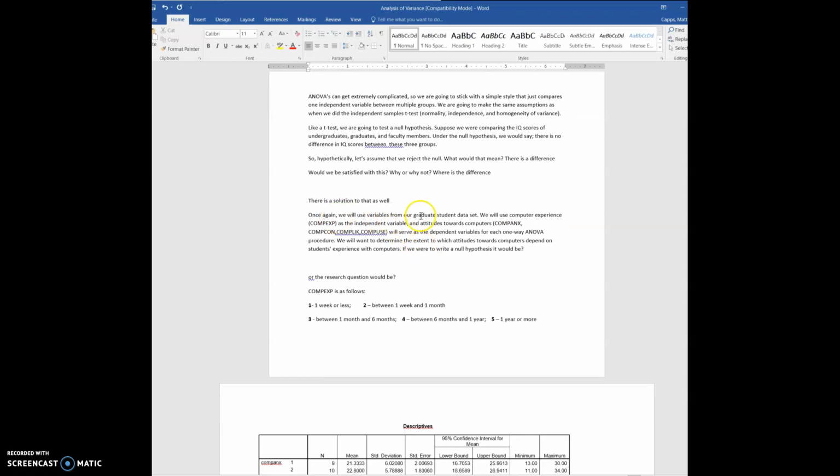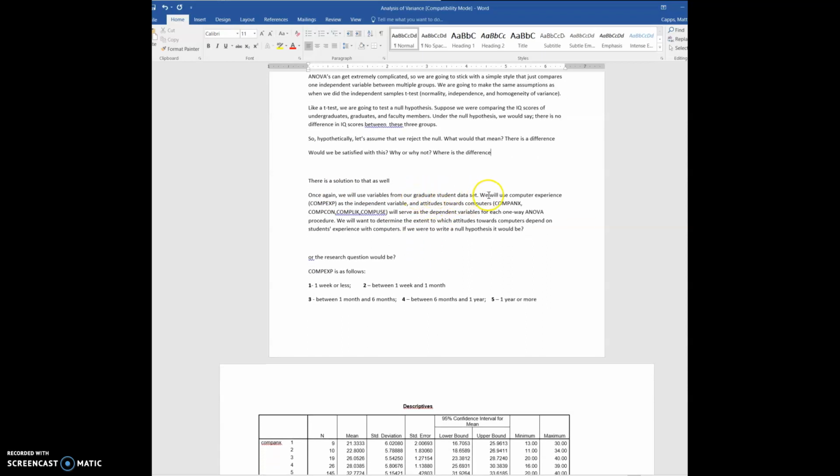So for now, we're going to use an example of some graduate student data about computer experience as an independent variable. And what I mean by computer experience is they've had 1 week or less, between 1 week and a month of experience, 1 month and 6 months, between 6 months and a year, or a year or more. So even though I've assigned a numerical value to these, they're simply placeholders for these categories. And we have an interval scale that measures their attitudes towards computer anxiety, computer confidence, how much they like computers, and how useful they find computers.